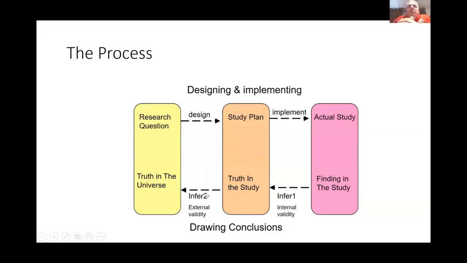Then I will move to level 2 of validity, what we call external validity. That means I want to generalize my findings to the general population, and that's what we call the truth in the universe.